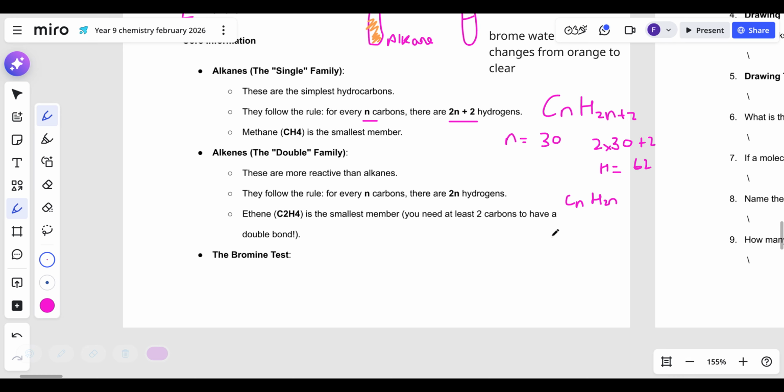So again, if I had a carbon chain with 30 carbons, my rule to find the number of hydrogens is 2n, which means 2 times n. We know n is 30, so 2 times 30. So the number of hydrogens in an alkene with 30 carbons would be 60.